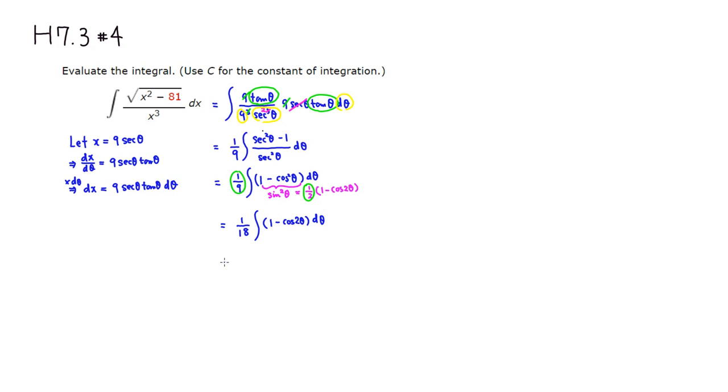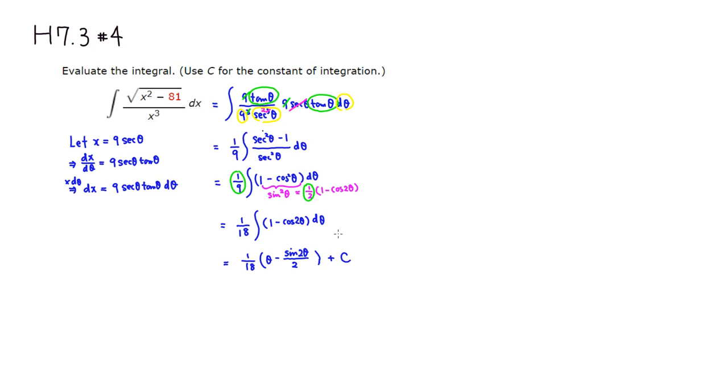So the antiderivative is going to be 1 over 18, and the antiderivative of 1 with respect to theta is theta, minus the antiderivative of cosine of 2 theta, which is sine of 2 theta over 2. And then we have plus some constant c.